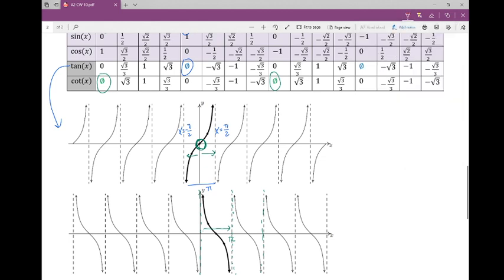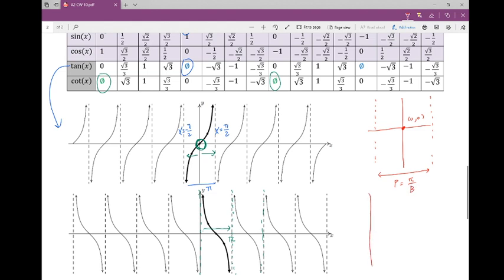So again, just to summarize, when we're graphing tangent, we first graph the middle point because it was always going to be 0, 0 unless we moved to the right or to the left. And then we took the asymptotes based on how far apart they were, or the period value, which was always going to be pi over b.